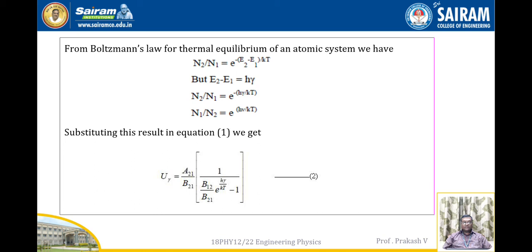So here the minus term cancels. Substituting this in equation number 1, we get U mu is equal to A21 by B21 into 1 by (B12 by B21 into e to the power of h nu by KT minus 1). So consider this as equation number 2.